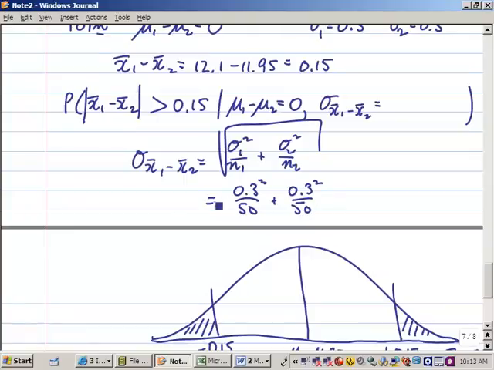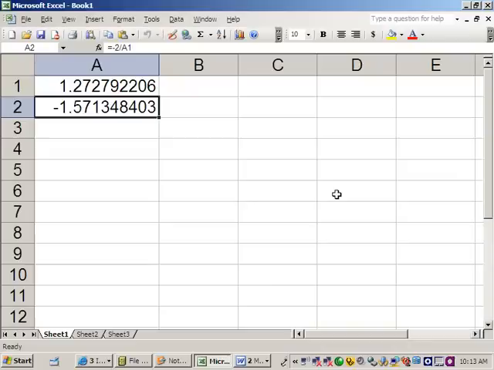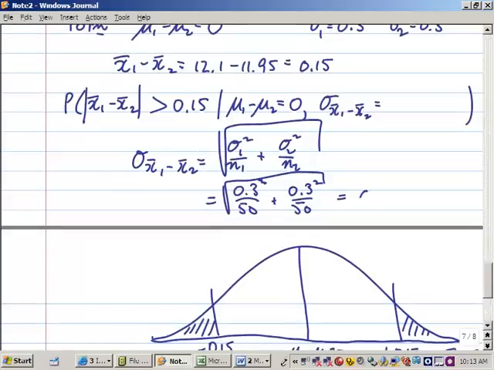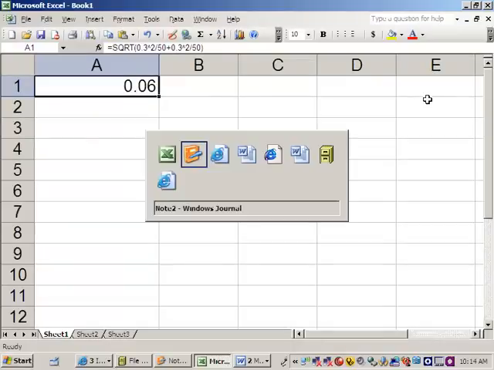Again, it does not have to be the case that these are all the same. So the standard deviation is the square root of 0.3 squared divided by 50 plus 0.3 squared divided by 50. Alright, the value is 0.06 exactly.